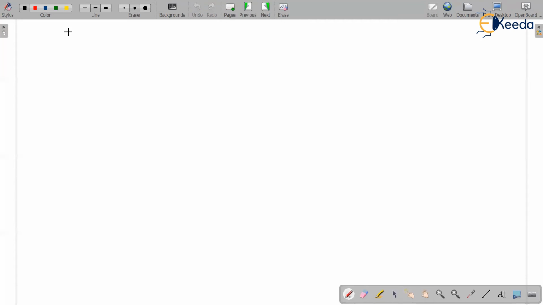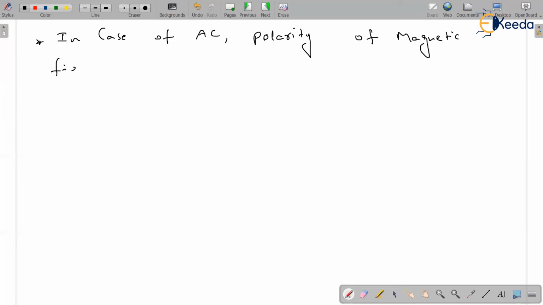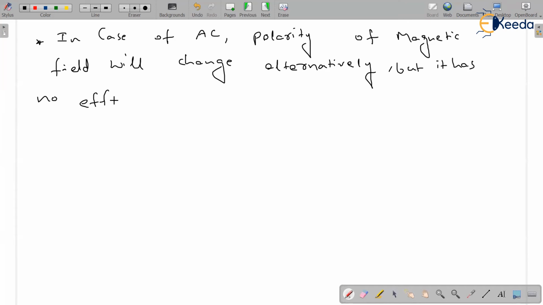Next. In case of AC, the polarity of the magnetic field will change alternately, but it has no effect on the attraction force direction.